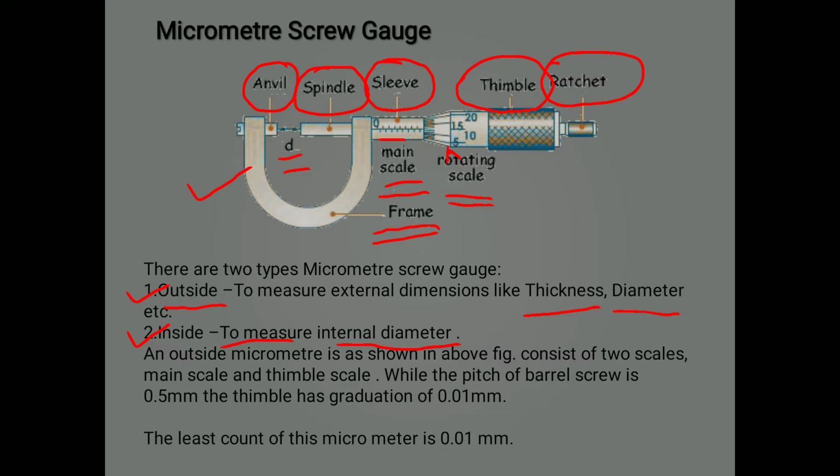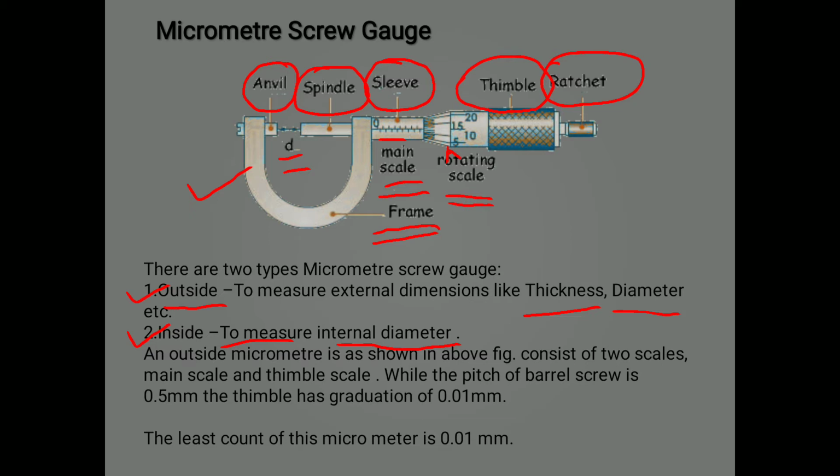An outside micrometer, as shown in the figure, consists of two scales. Already we have discussed the two scales: the main scale and the thimble scale, or you can say a rotary, circular or rotating scale. The pitch of the barrel screw is 0.5 mm.